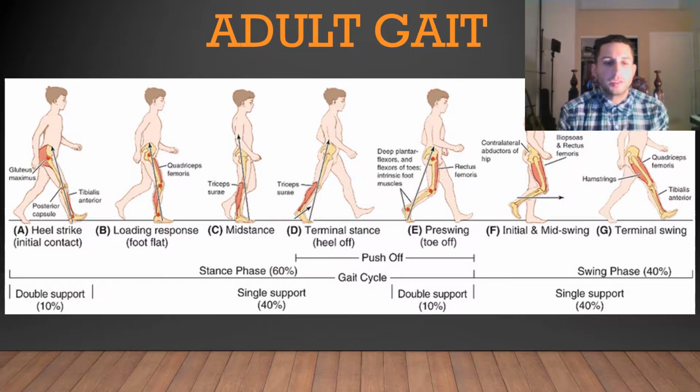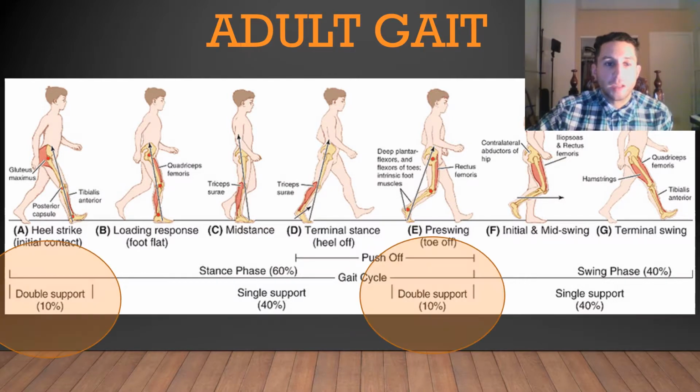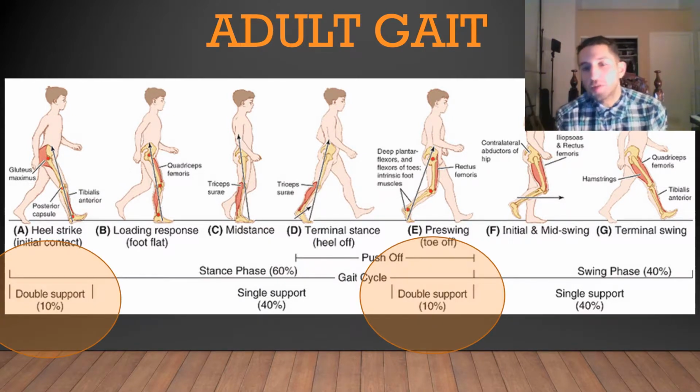And the adult gait essentially begins with heel strike, which is going to be the initial contact. And overall, as you can see later on, you can see the midway point, which is terminal stance, and all the way to the terminal swing. But overall, some important concepts I want to go over with you today is the double support. The double support is essentially when you can have 2 points of contact, a double support, if you will, in which the body is making 2 contacts at the same time.